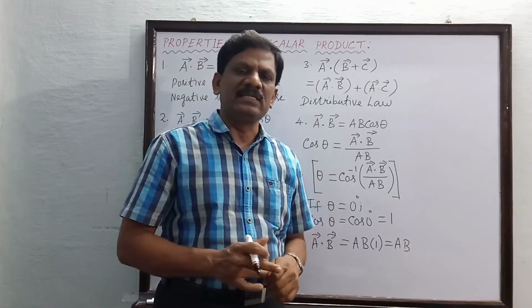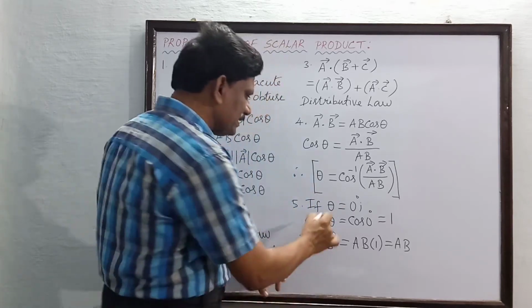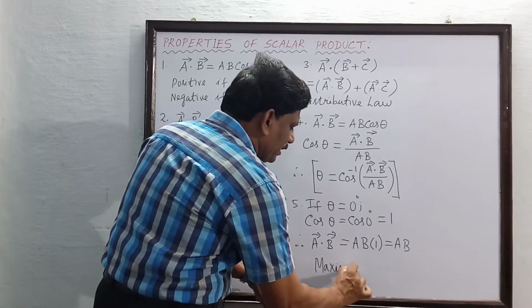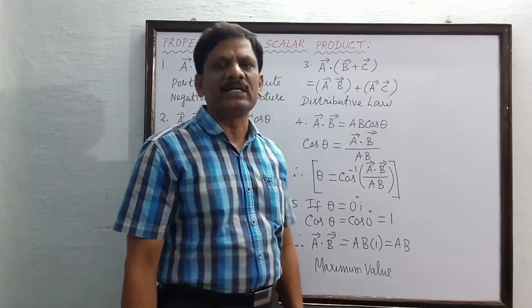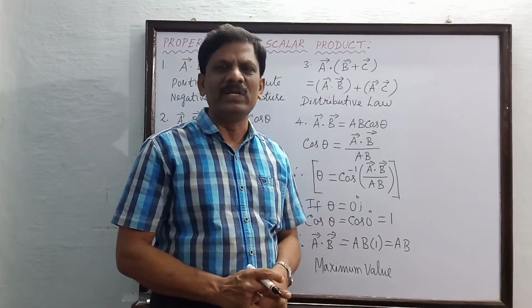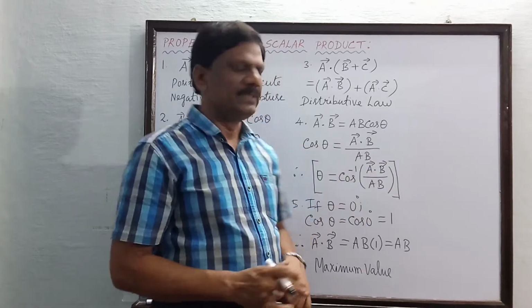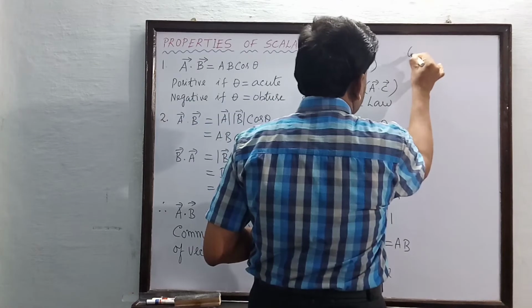So the maximum value of the dot product occurs when theta is equal to 0 degrees, that is when both A and B are acting in the same direction. Next point is number 6.